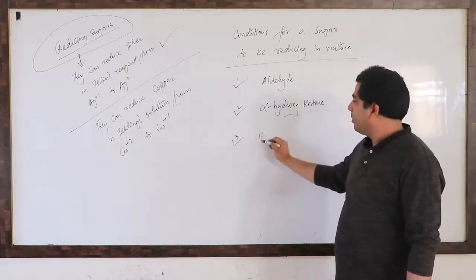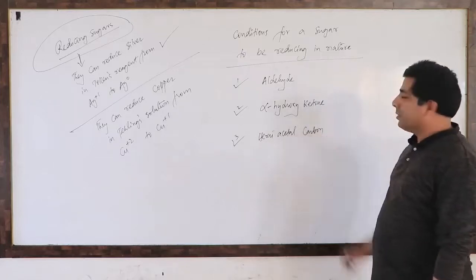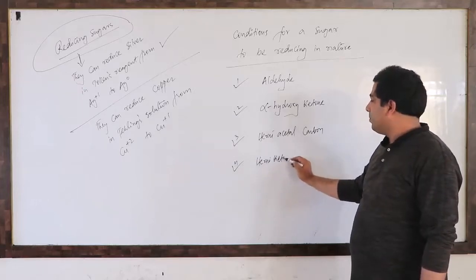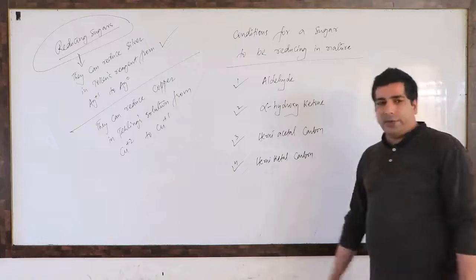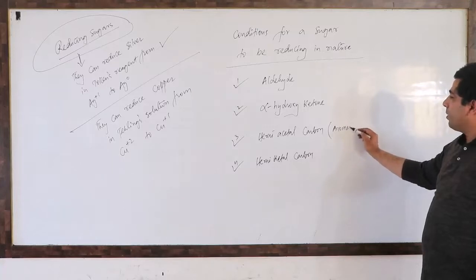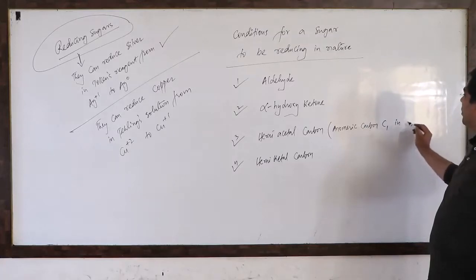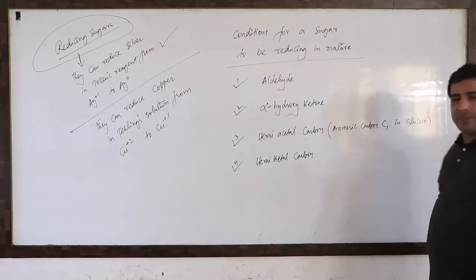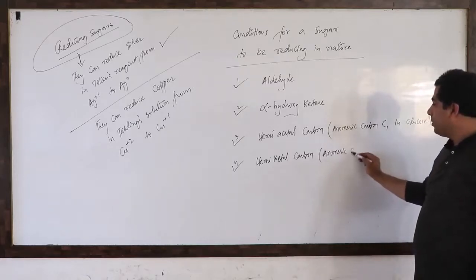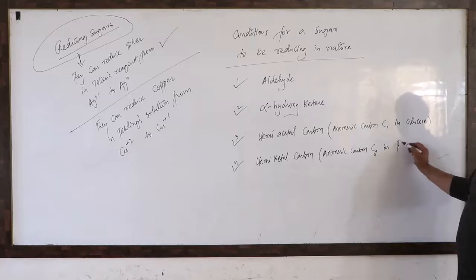It should have hemiacetal carbon. This is also a reducing sugar. It should have a hemiketal carbon. For your kind information, this hemiacetal carbon is basically your anomeric carbon, that is C1 in your glucose molecule, if you remember that. And this hemiketal carbon is basically the anomeric carbon, which is the C2 carbon in fructose molecule.